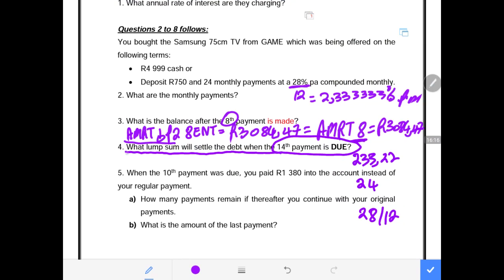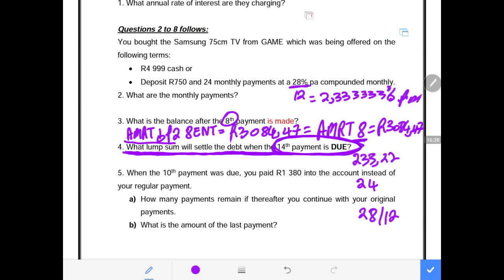Number 4 says, what lump sum will settle the debt when the 14th payment is due? That means how much is the balance before the 14th payment is made. I want to repeat that. This means how much is the balance before the 14th payment is made, meaning when the 14th payment is due.